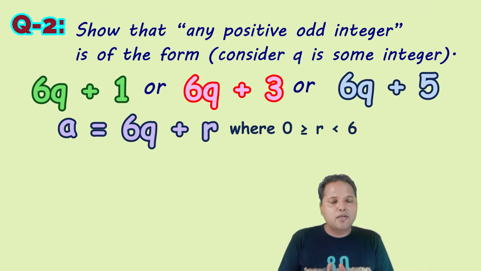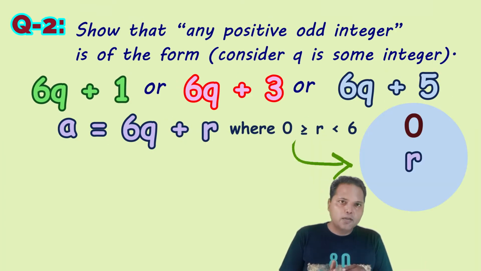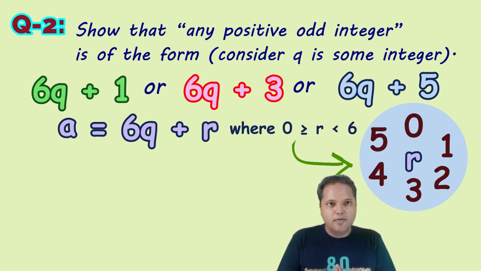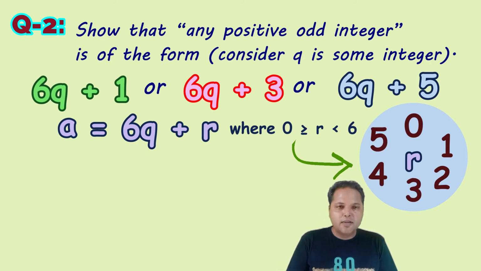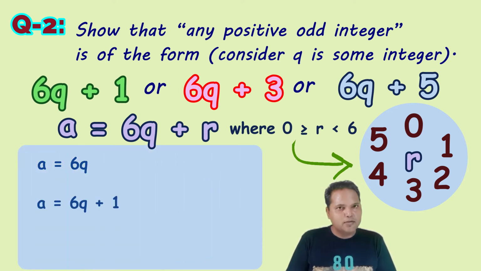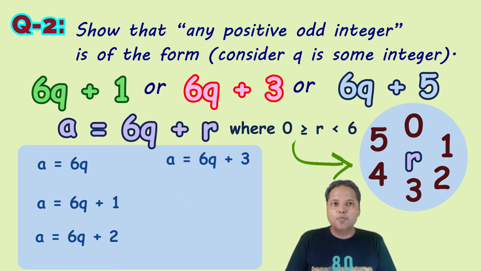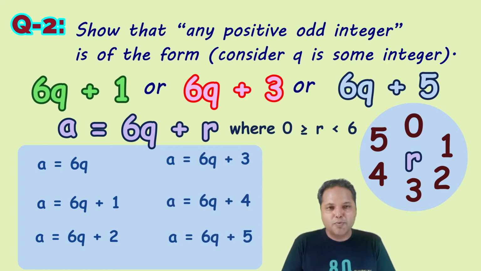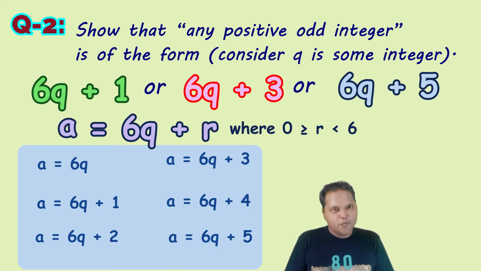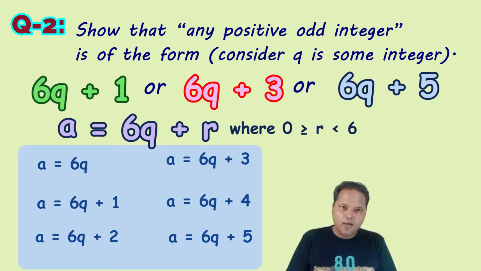So what we can say is that the value of r will be either 0, 1, 2, 3, 4 or 5, right? That means a can be written as 6q plus 1, 6q plus 2, 6q plus 3, 6q plus 4 and 6q plus 5.